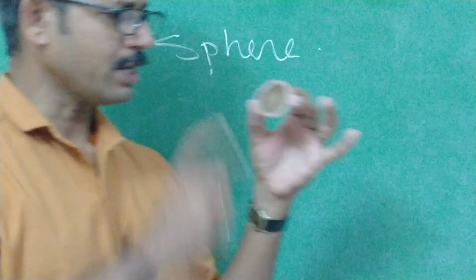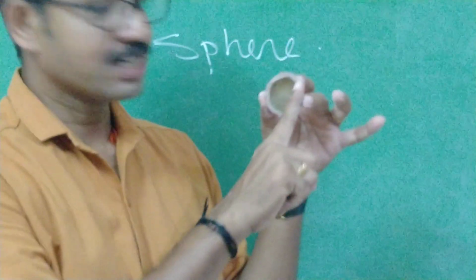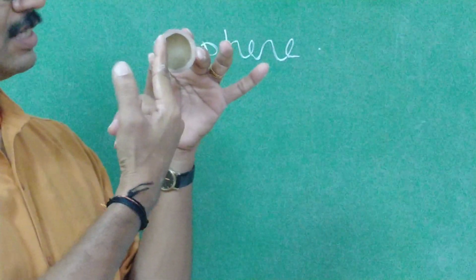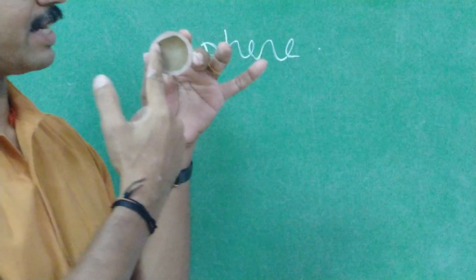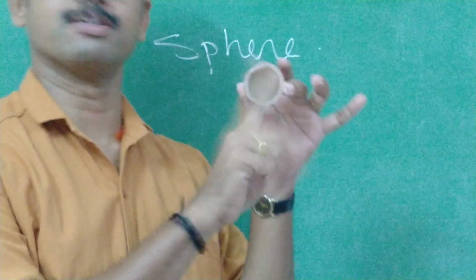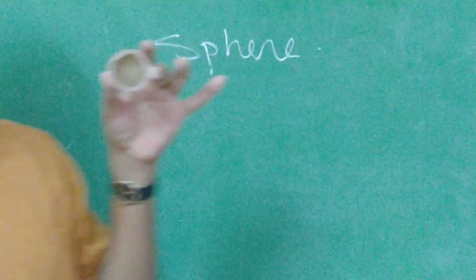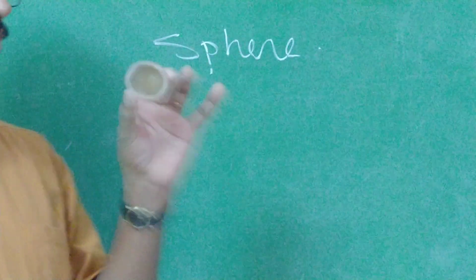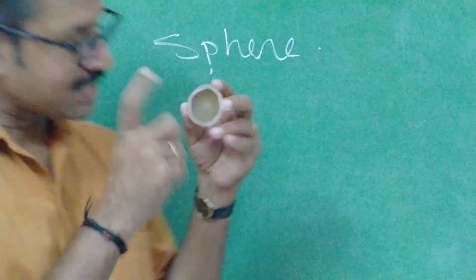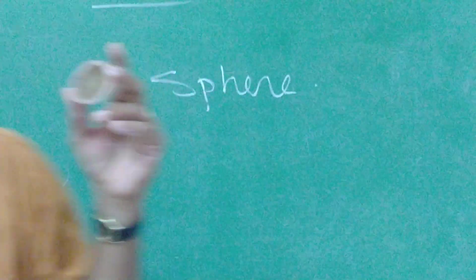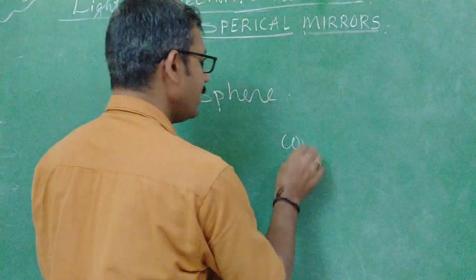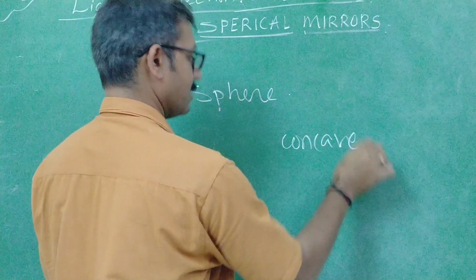Now look, here it is curved inside, correct? The part which is curved inside is reflecting the light. Now we can say that such a mirror is called a concave mirror.